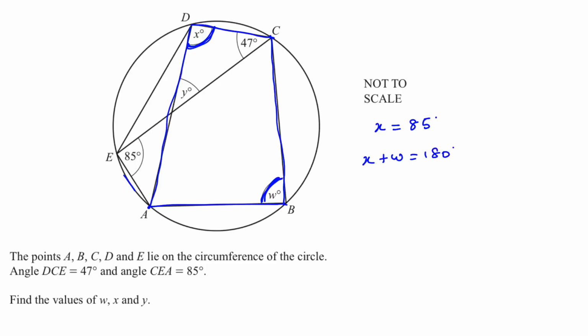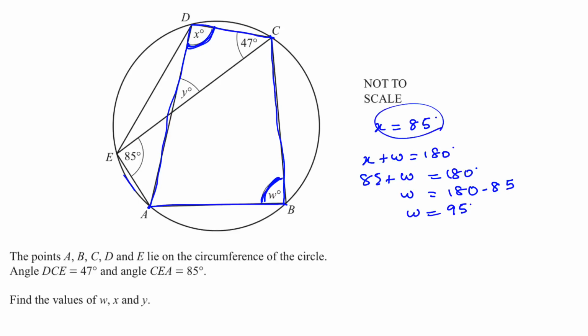X is 85. If you bring the 85 to the other side, it will become negative. 180 minus 85 will give you 95. So w is equal to 95. We found 2. And now what is remaining? Y. Y can be seen that it is a part of the triangle here.